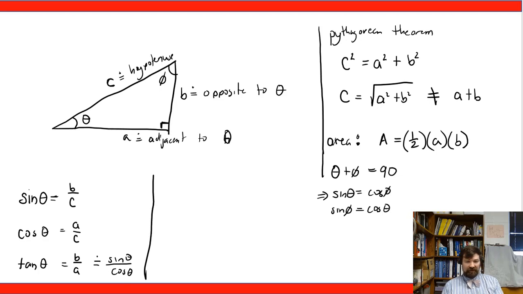If we look at angle phi, it's sort of the other way around. Sine of phi is equal to cosine of theta, which is A over C. The cosine of phi is equal to the sine of theta, which will be B over C. And the tangent of phi is equal to what's called the cotangent of theta. It is basically 1 over the tangent of theta, and so that means that it's going to be A divided by B.